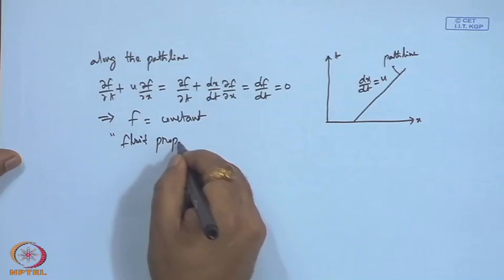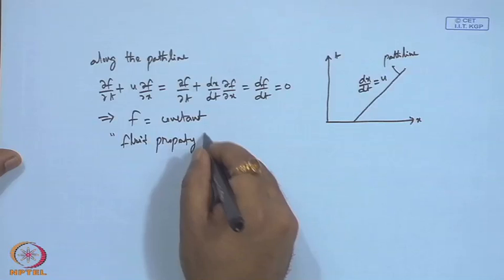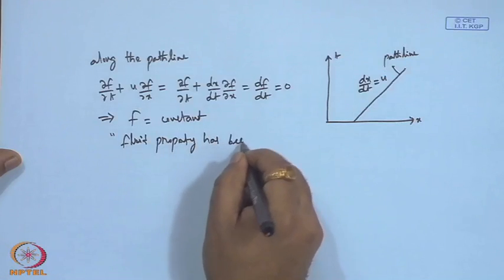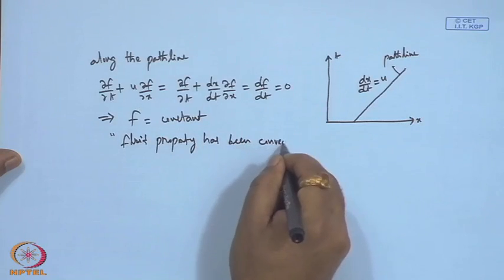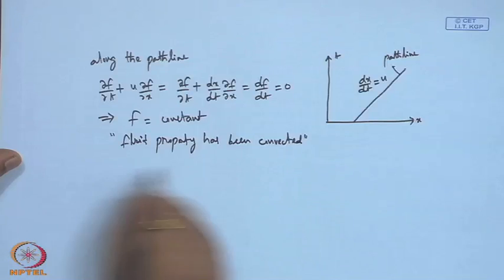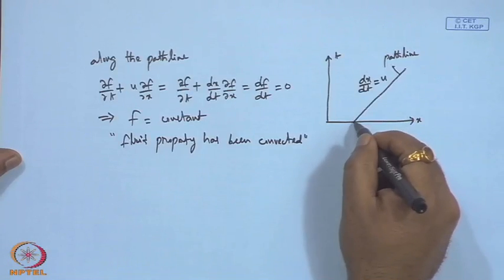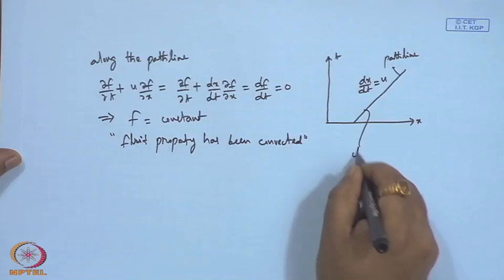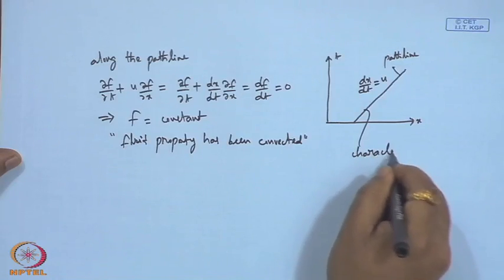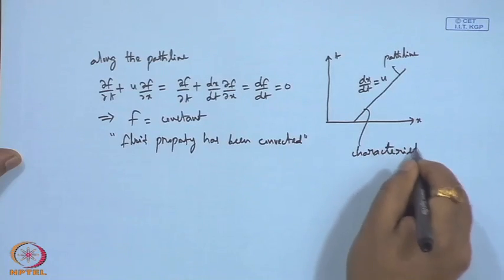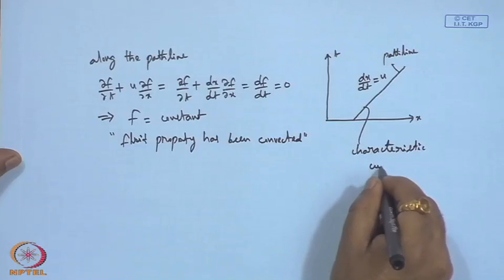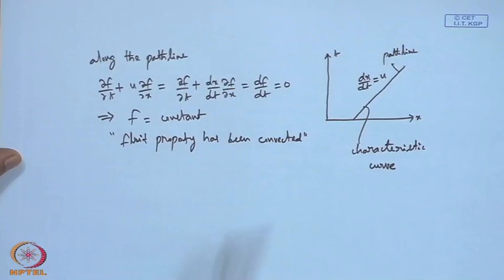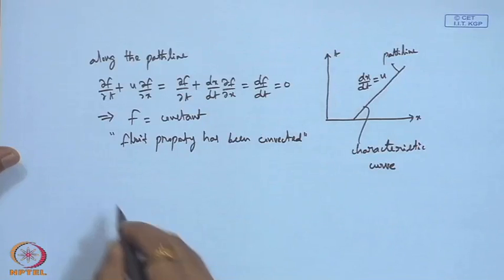We make use of this, and in this case the path line is called a characteristic curve. So, what do we mean by a characteristic curve?